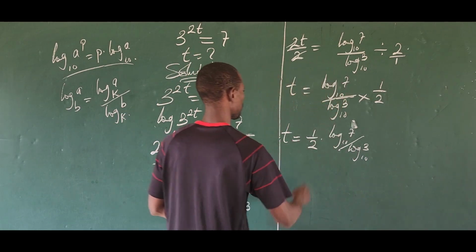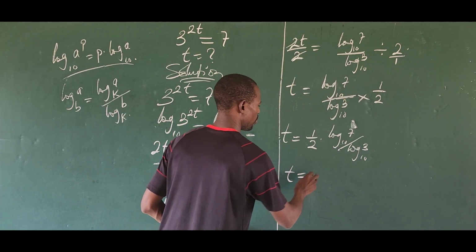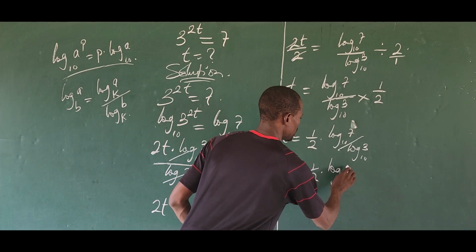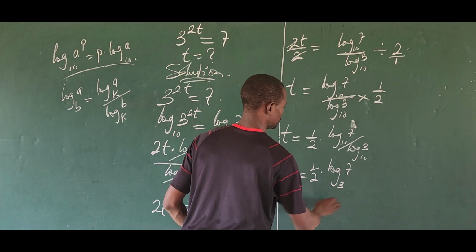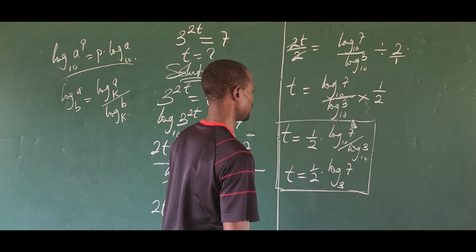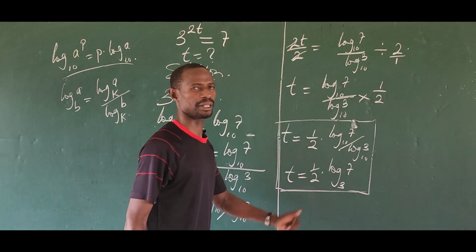We can now rewrite this as 1 over 2 times log 7 base 3. So these are the two forms of presenting the answer.